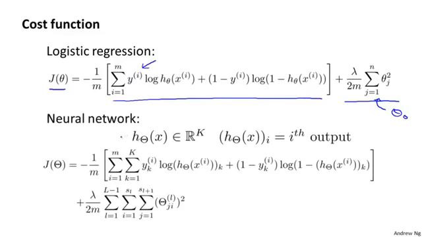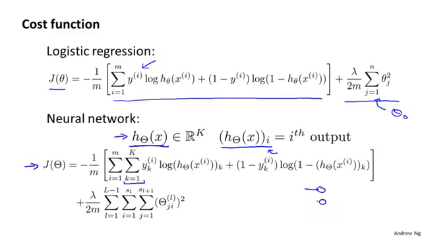So here's our cost function. Our neural network now outputs vectors in R^K, where K might be equal to 1 if we have a binary classification problem. I'm going to use this notation h of x subscript i to denote the ith output. That is, h of x is a K-dimensional vector, and so this subscript i just selects out the ith element of the vector that is output by my neural network. My cost function J of theta is now going to be minus 1 over m of the sum of a similar term to what we had for logistic regression, except that we have this sum from k equals 1 through K. This summation is basically a sum over my K output units.